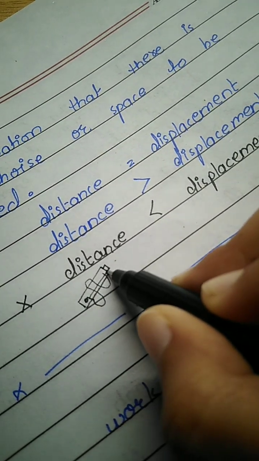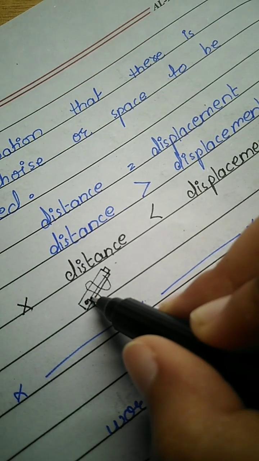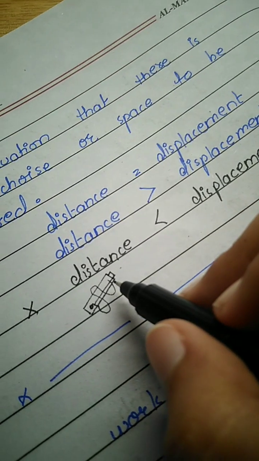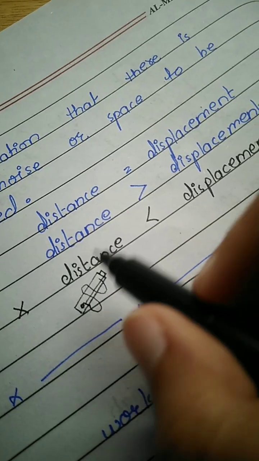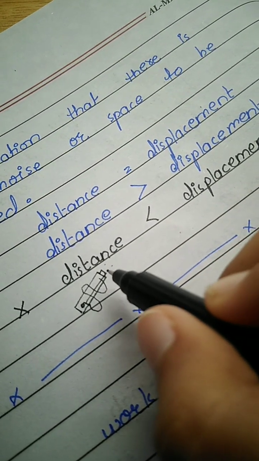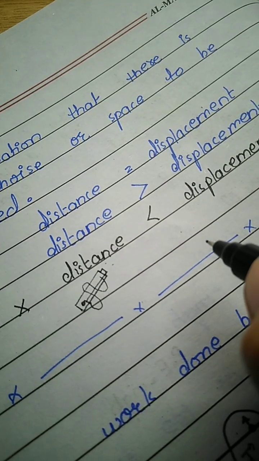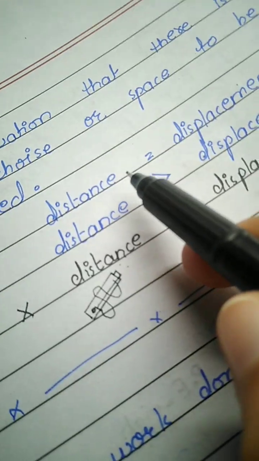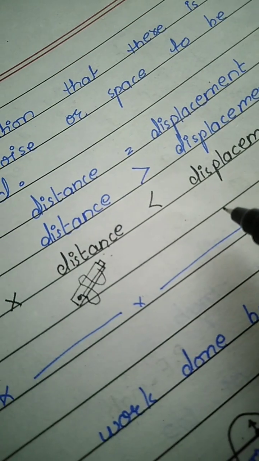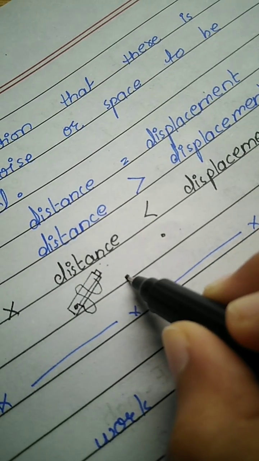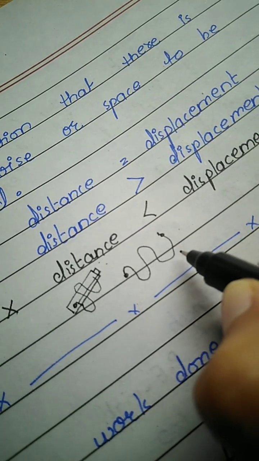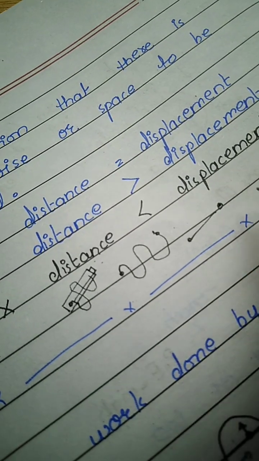You have to go straight. Now, as we know, displacement is the shortest distance covered. So the distance and the displacement in this condition would be the same. In some conditions, distance is equal to displacement, and when we give a general example, we give the example like that.